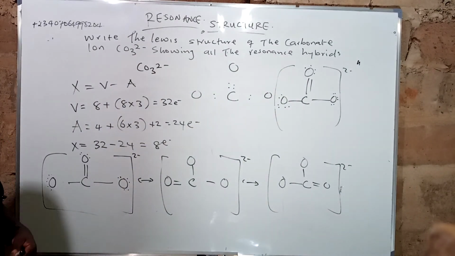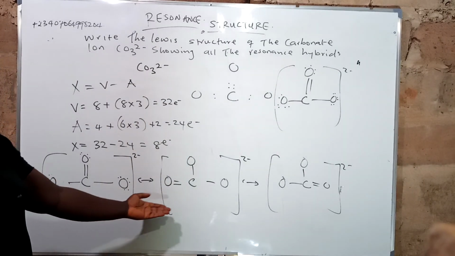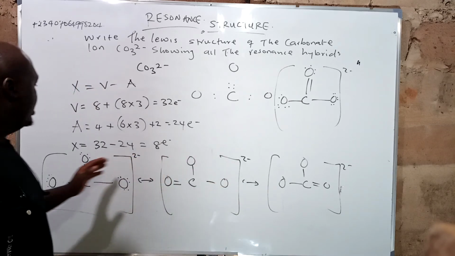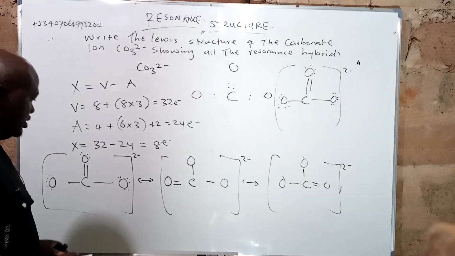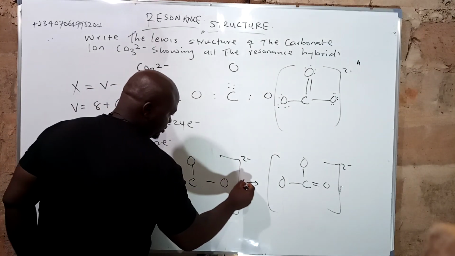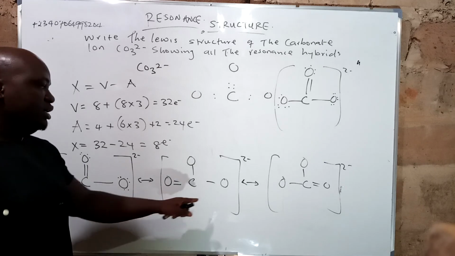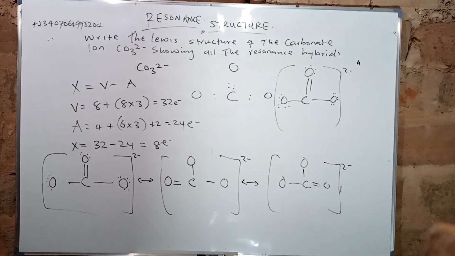We're doing resonance. So this is a Lewis structure. These are the three resonant hybrids, because you can decide to put the double bond here, or look at how I wrote it. Can you see this arrow too? You can decide to change it and put it here. You can decide to change it and put it here.